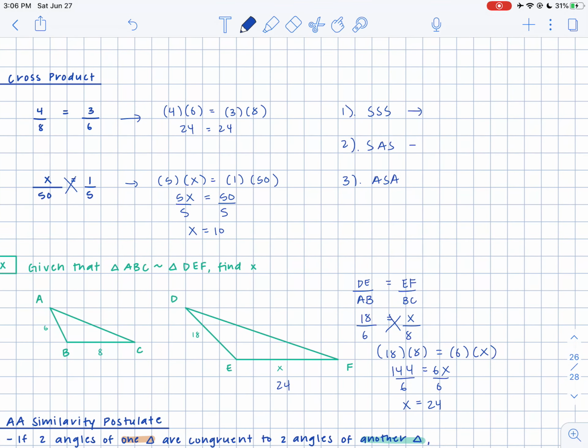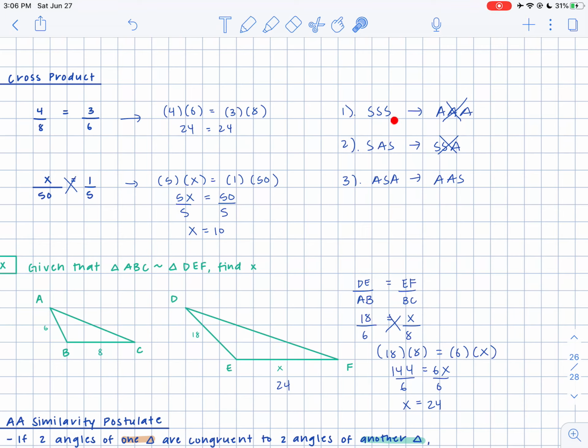And remember, we asked if we can have alternate forms such as angle, angle, angle and side, side, angle, where for these two, the angle and the side would not be included. And we determined that these would not work because they do not guarantee congruency, so only these 4 would work.